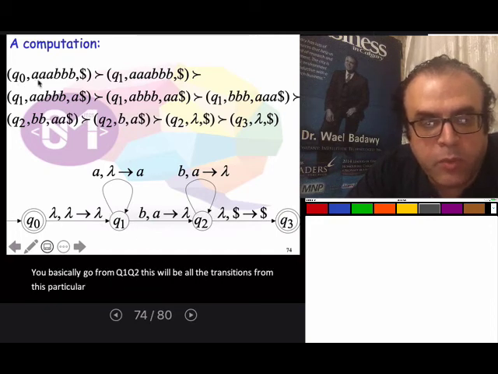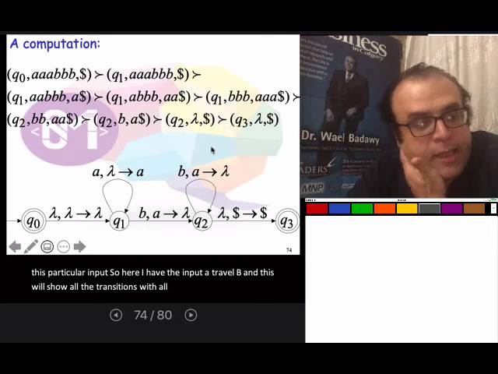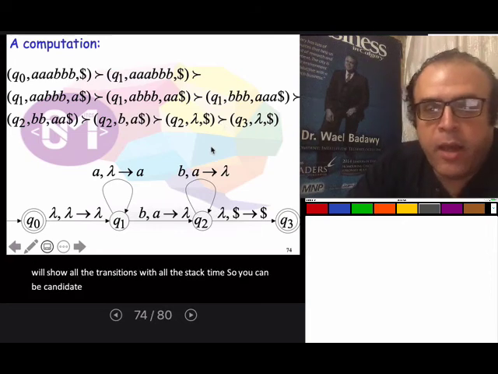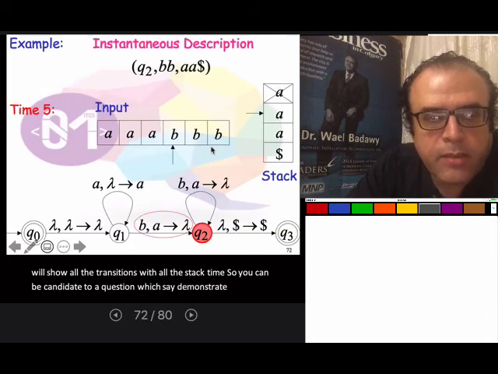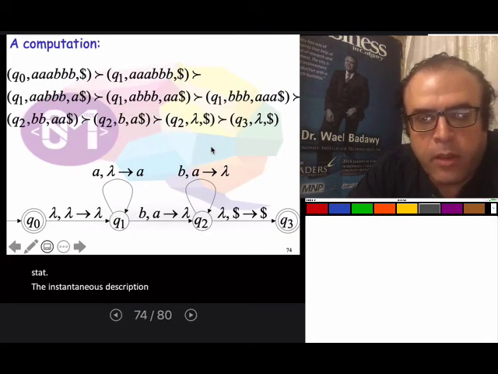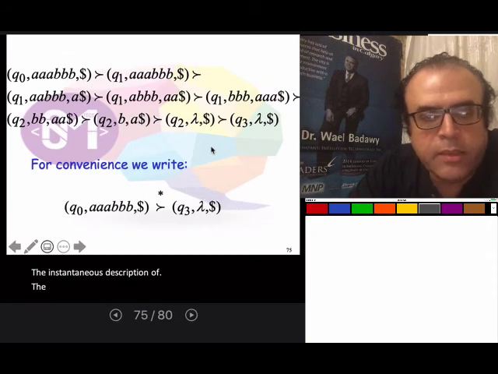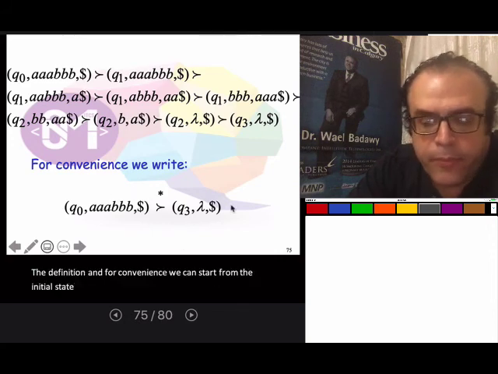So here I have the input AAA, triple B, and this will show all the transitions with all the stack contents over time. So you can be a candidate for a question which says demonstrate the instantaneous description of the following state diagram. So this will be the definition, and for convenience we can start from the initial state to the last state.